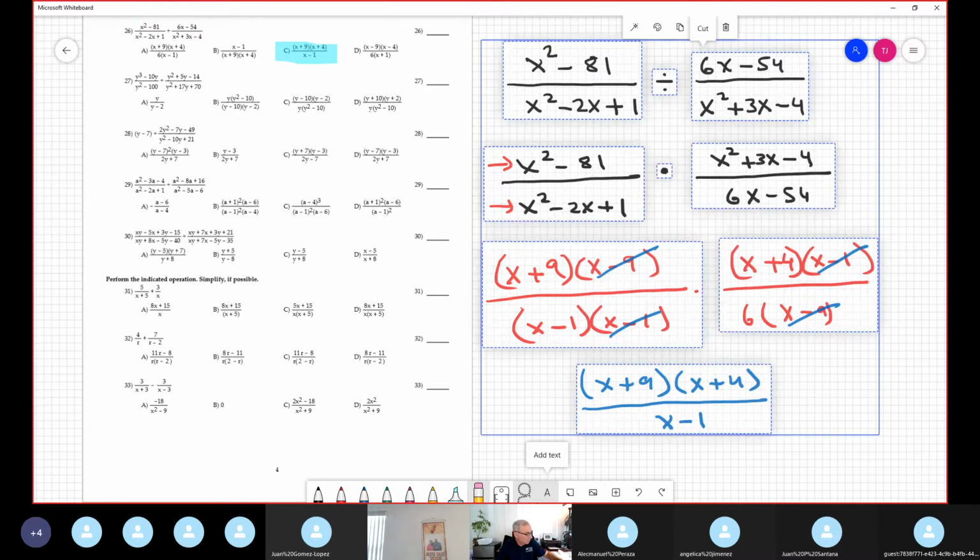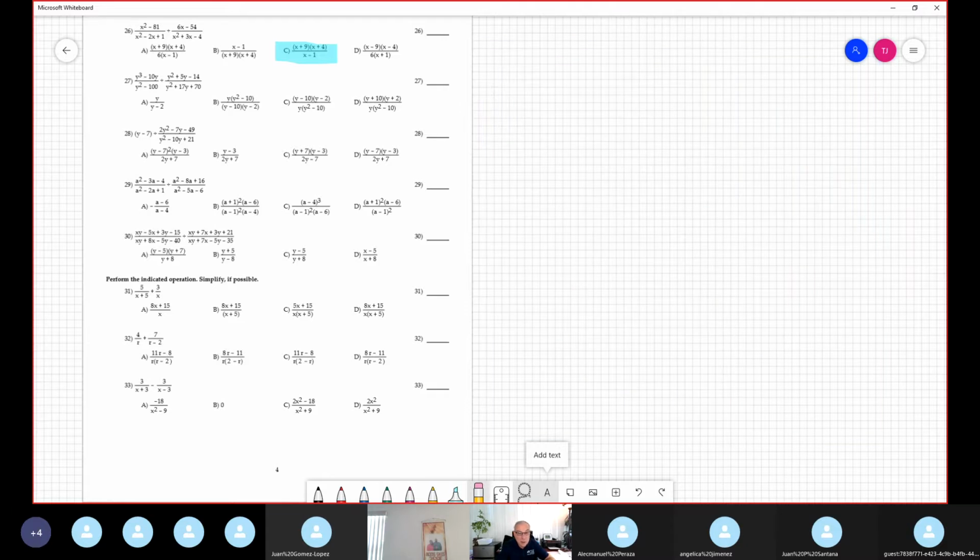Look, okay. The next is y cubed minus 10y over y squared minus 100. Division. Everything is division. Well, I created this package.